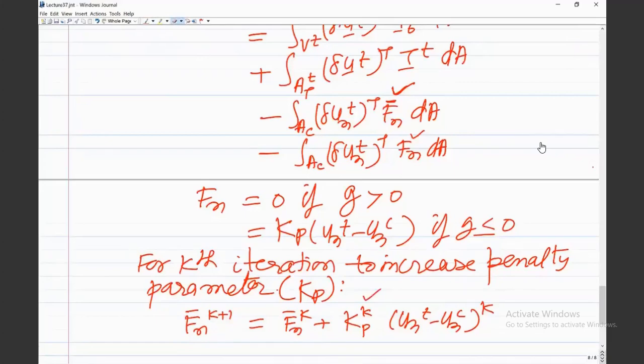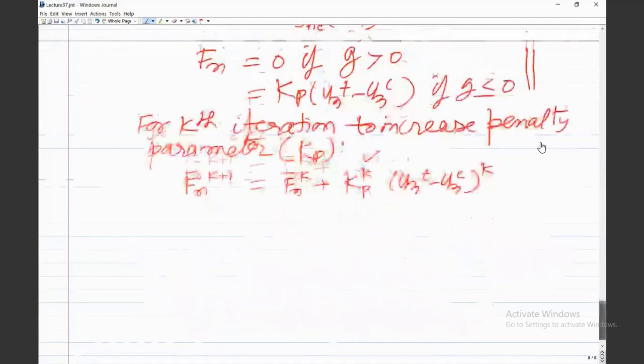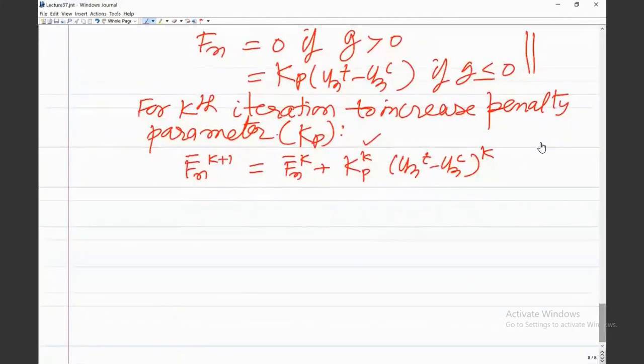One iteration is that you are taking the set of increasing values of penalty parameter Kp, and for each value of Kp you will have to solve the problem iteratively because of the non-linearity involved due to this contact condition. Either the bodies may be in contact or may not be in contact. So that's a non-linear problem, and iteration for that is also needed within each Kp value. So this is how you basically formulate the contact problem.